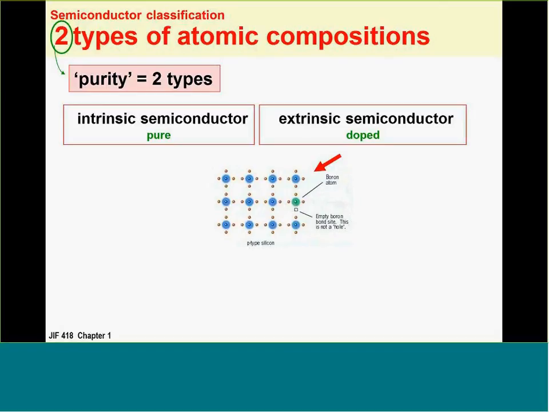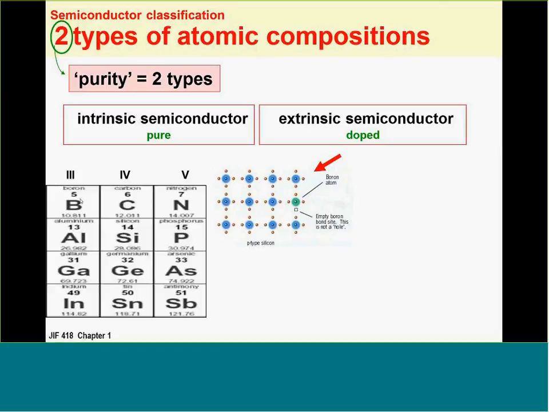Boron is in group 3 in the periodic table. So group 3 means there are only 3 valence electrons: 1, 2, 3. And you see here, there's an empty boron bond site here.